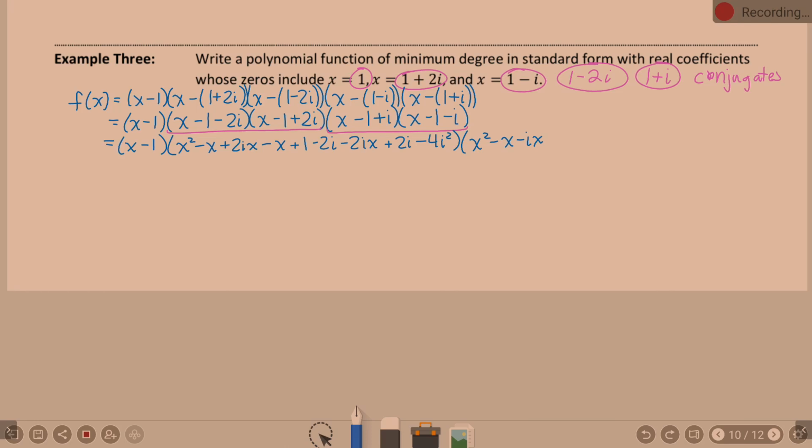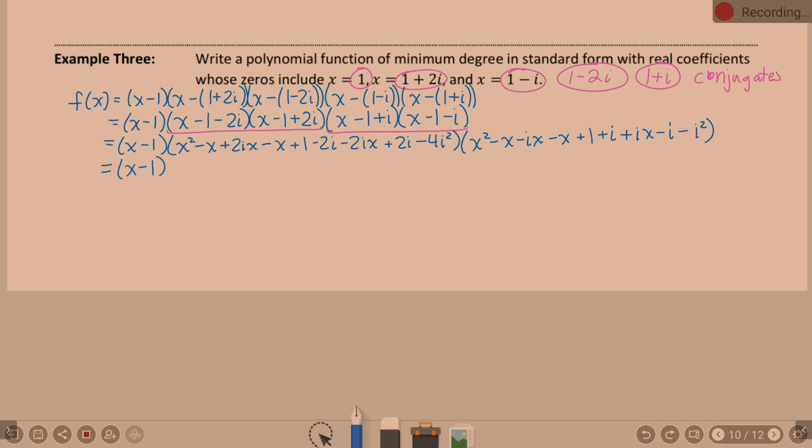Distribute negative 1: minus 1x plus 1 plus 1i. Distribute i: ix minus 1i minus i squared. Okay. I'm going to keep us moving. x minus 1 carries down.